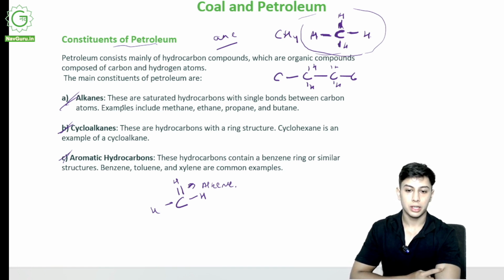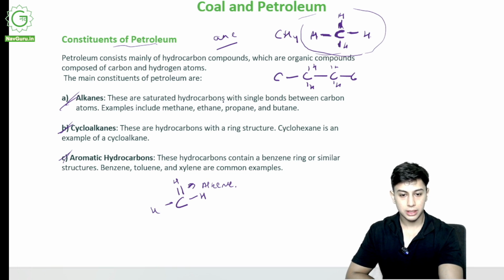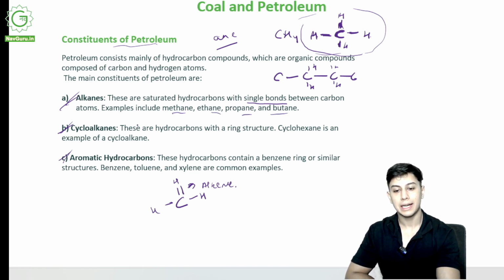Now alkanes are saturated hydrocarbons with single bonds, like I told you, between carbon atoms. Examples include methane, ethane, propane, butane. Cycloalkanes are hydrocarbons with a ring structure.